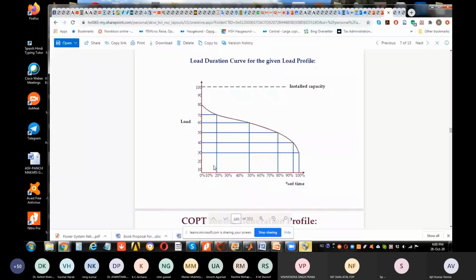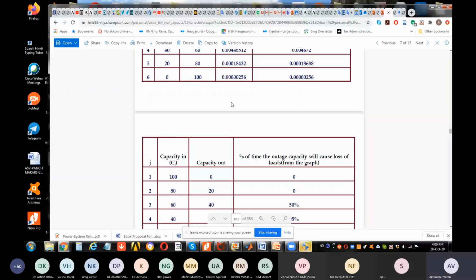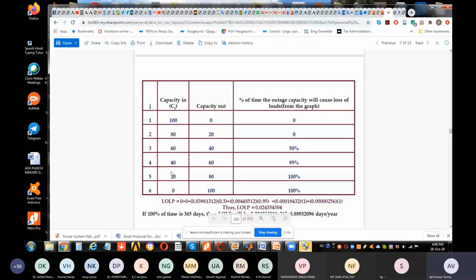So if you have states with 20, then 100% of the time the load will be lost. And if you have a state with 0, 100% of the time the load will be lost. So this is the table of the percentage of time the outage capacity will cause loss of load.